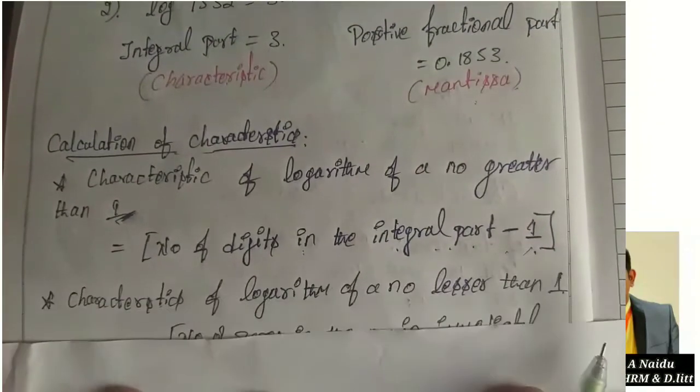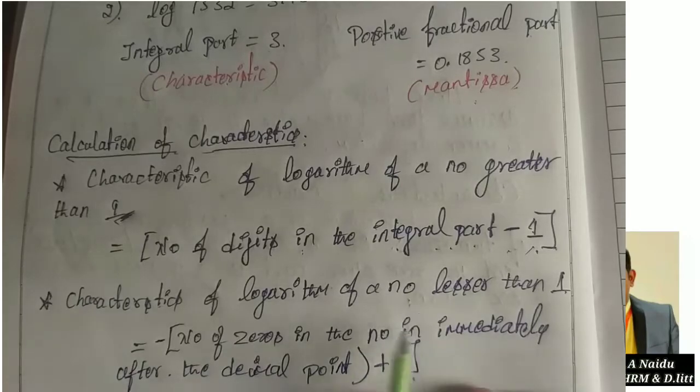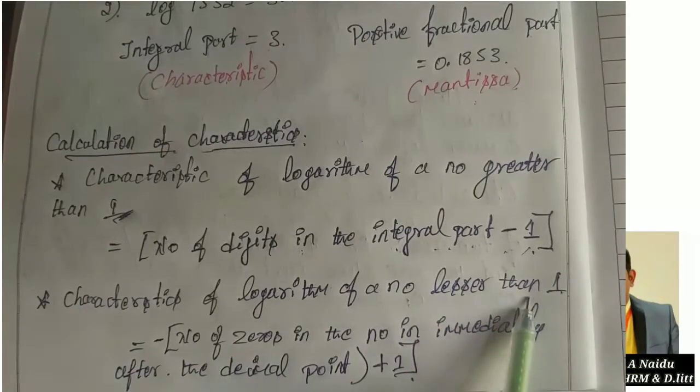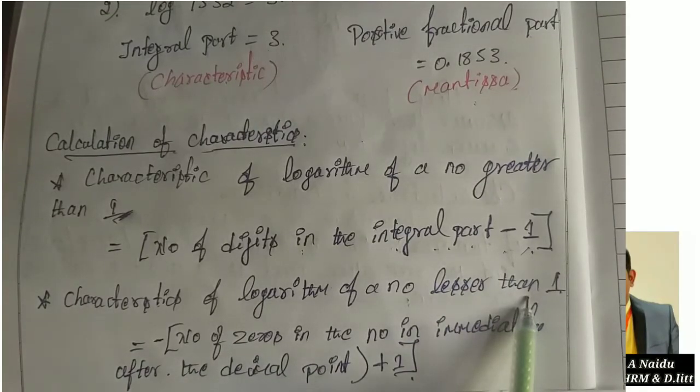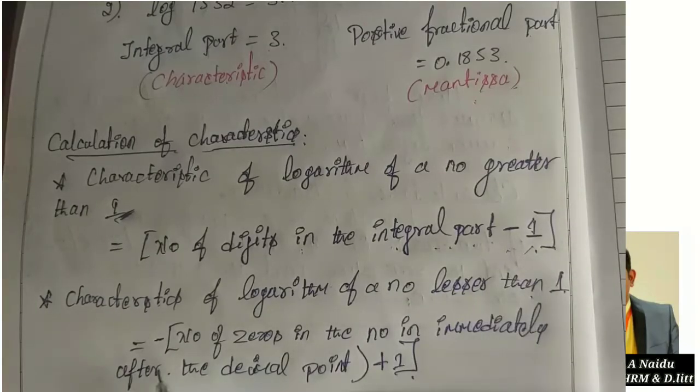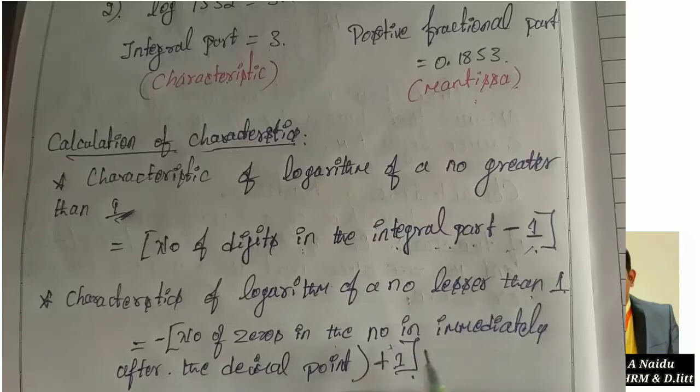Next, we have the characteristic of the logarithm of a number lesser than 1. If the number is less than 1, it is minus the number of zeros immediately after the decimal point, plus 1. Try to understand: after the decimal point, how many zeros are there?